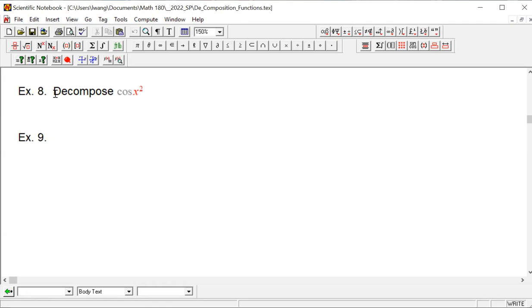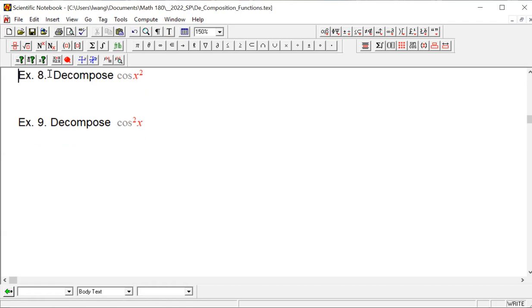And the next one is also decompose, cosine squared of x. Okay, I put these examples out of a calculus textbook. Actually, most of these examples in your homework are from calculus texts.